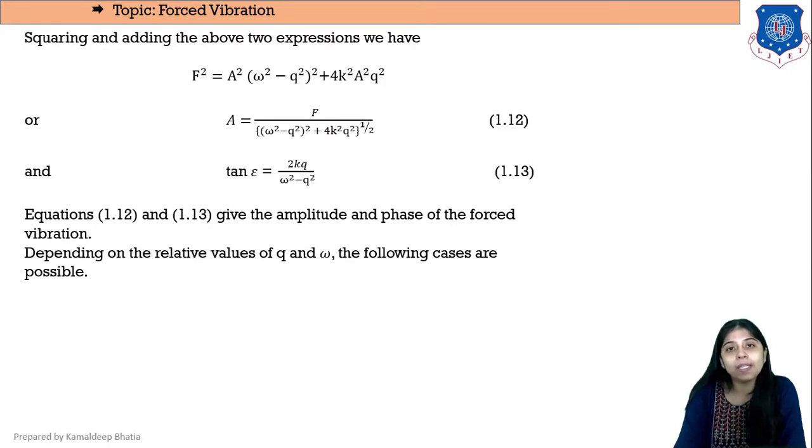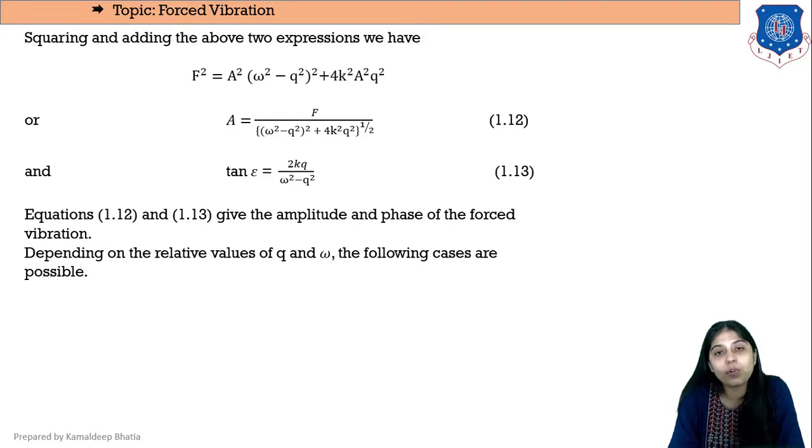Squaring and adding the above two expressions, we get F² = a²(ω² - q²)² + 4k²a²q². If we make a the subject, we get a = F / [(ω² - q²)² + 4k²q²]^(1/2).